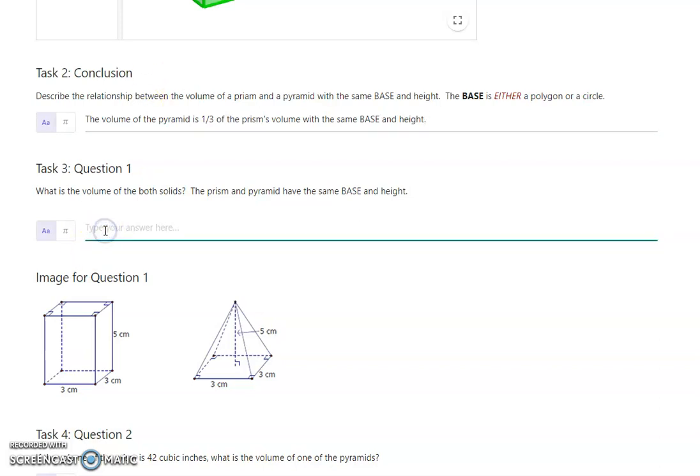In the second problem, the prism has a 3 by 3 base, which means its area is 9. That means there are going to be 9 cubes on the base. And so the prism is going to have 5 layers of 9. That means the volume of the prism is going to be 45 cubic centimeters.